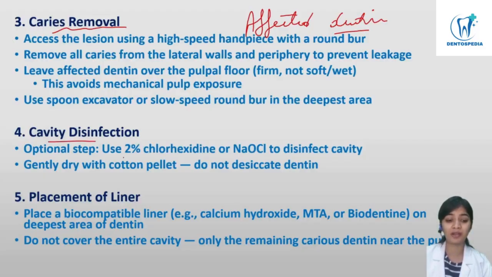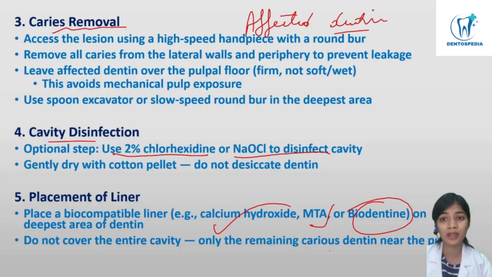Now, cavity disinfection. Use 2% chlorhexidine or sodium hypochlorite to disinfect the cavity, then gently dry with a cotton pellet. Then place the biocompatible liner. A protective or therapeutic material is placed over the remaining dentine. The most commonly used materials are calcium hydroxide, MTA, or Biodentine on the deepest area of the dentine.